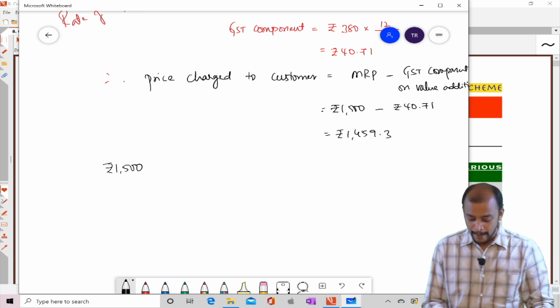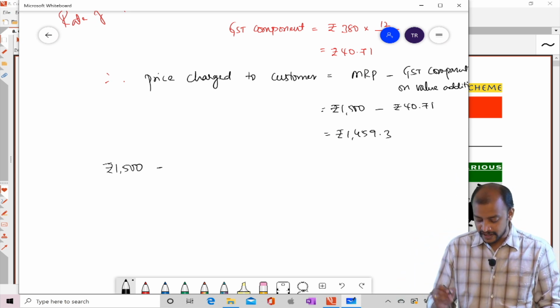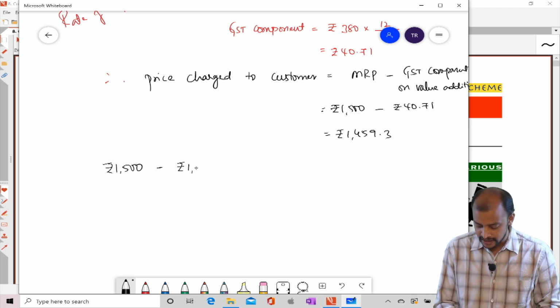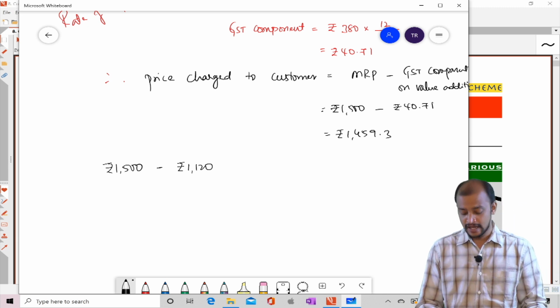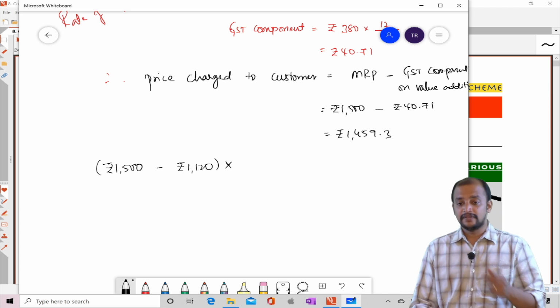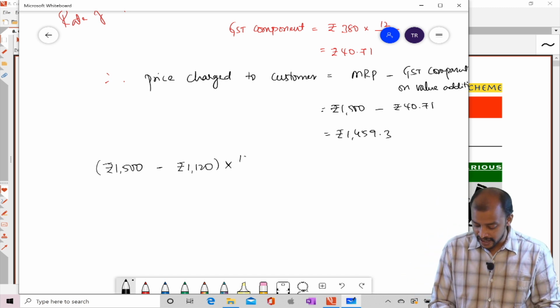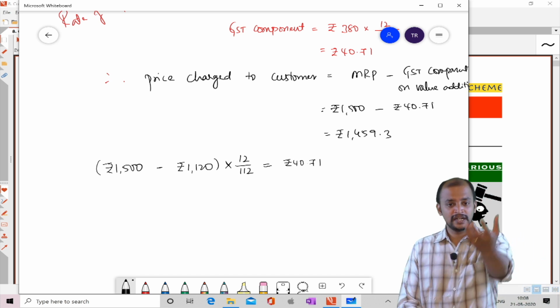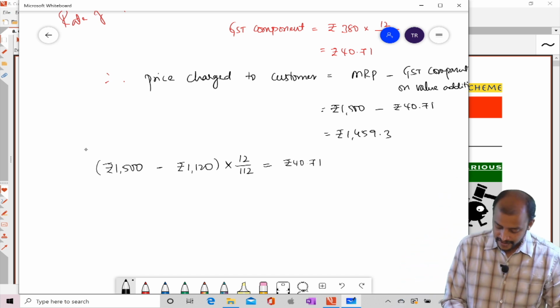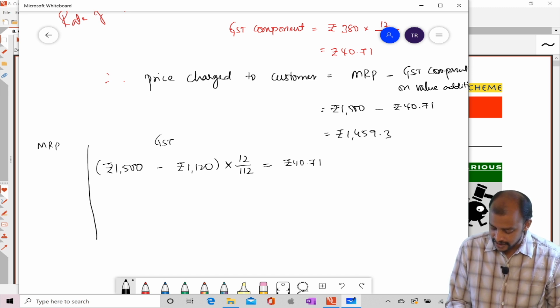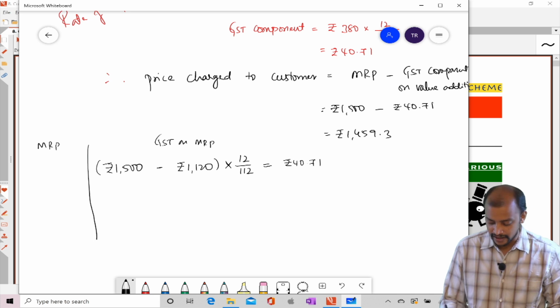From this 1500 we will take out the purchase price 1120. Out of that we will get a value addition, and we need to take the GST component, 12 divided by 112, that comes to 40.71. This is one column, and MRP is on the other column, GST on MRP is on the other column.